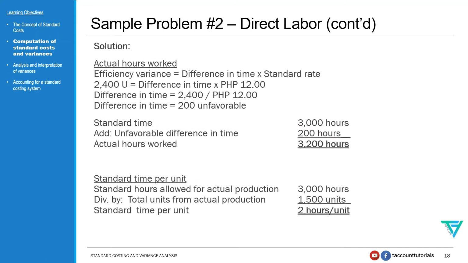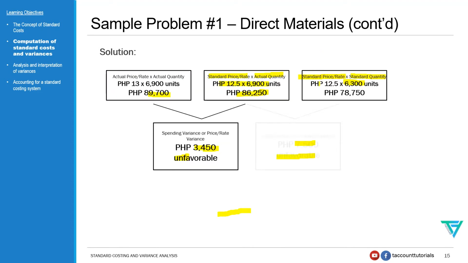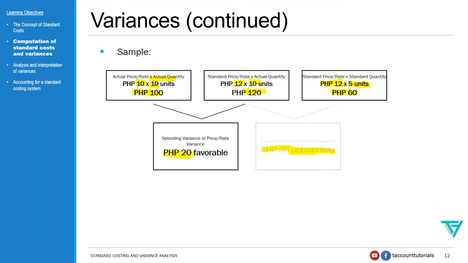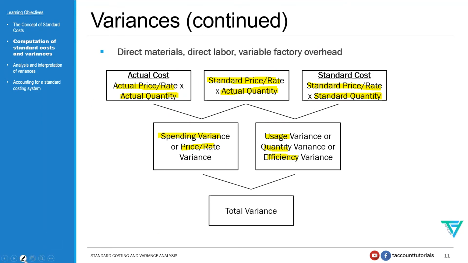As discussed earlier, the efficiency variance might as well be computed as standard price multiplied by the difference in the quantity, or the hours, as our current problem is on direct labor. So the difference in hours multiplied by the standard rate would lead to an efficiency, quantity, or usage variance, right?